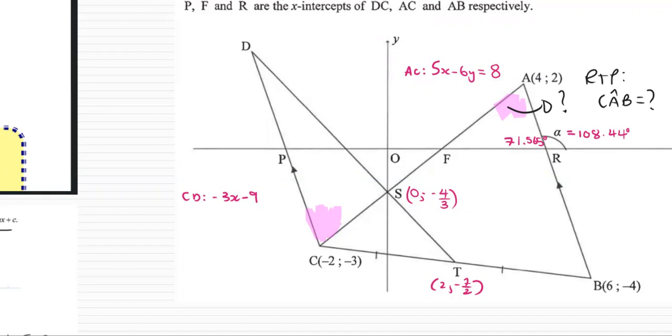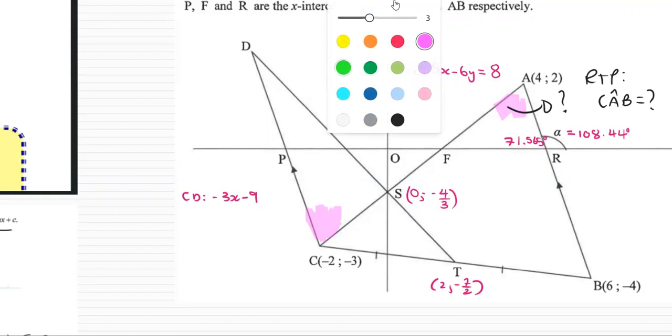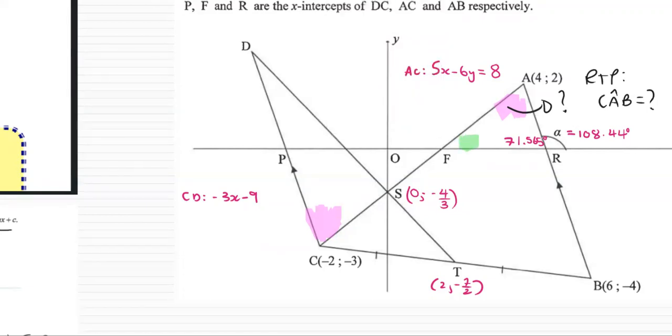So our plan of attack changes, because this angle is simply the angle of inclination, the positive angle of the line AC, for which we have the formula. It was given in the formulas.